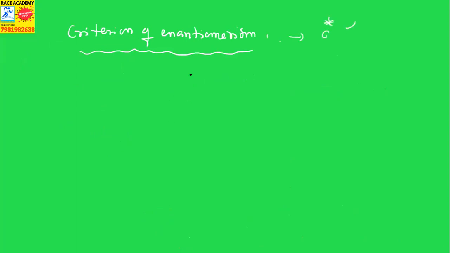But there are some known compounds which have asymmetric carbons but, being non-dissymmetric, do not show enantiomerism.